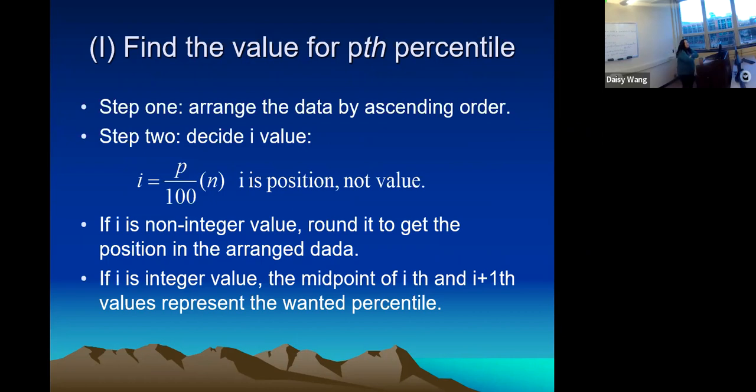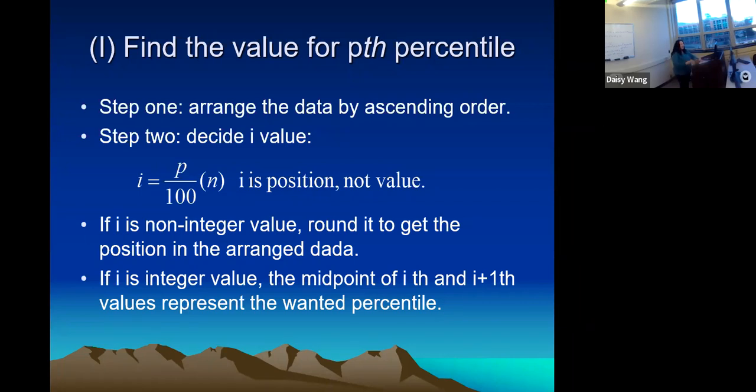It depends on the percentile. So if it's the 70th percentile, then it's 70 divided by 100 times the sample size. And then I is which position.